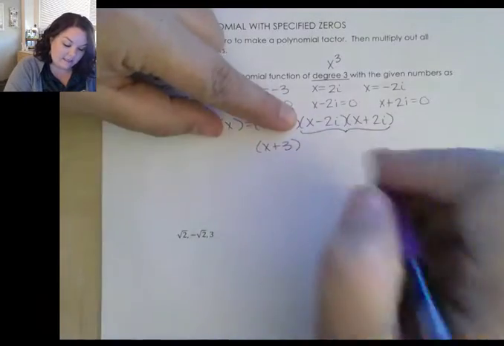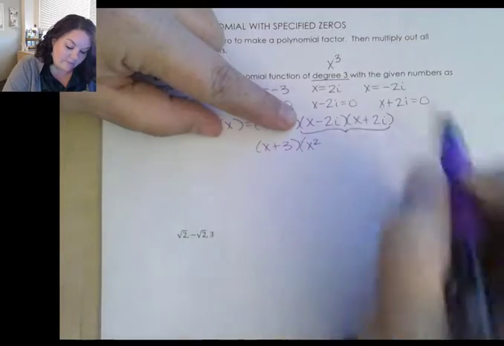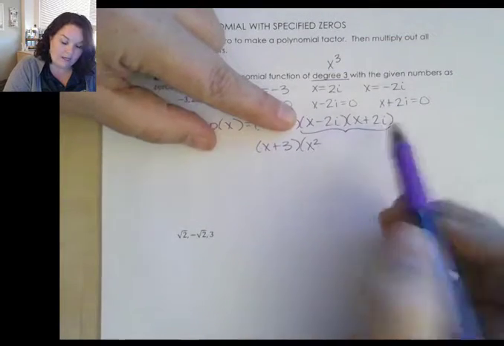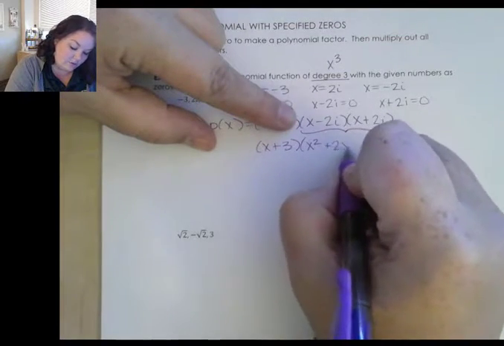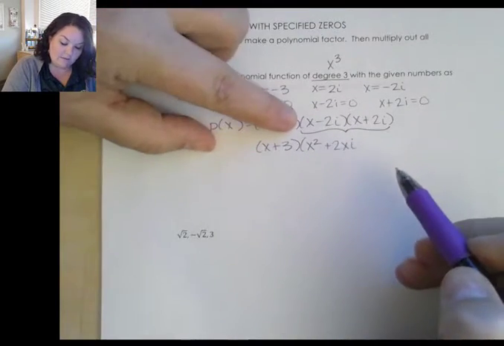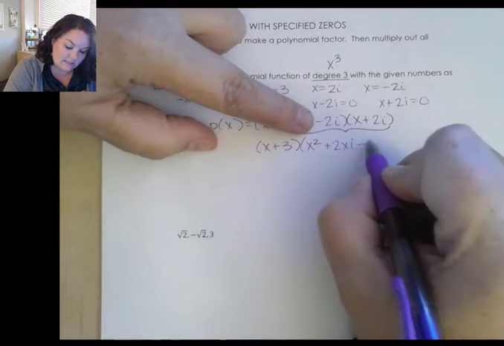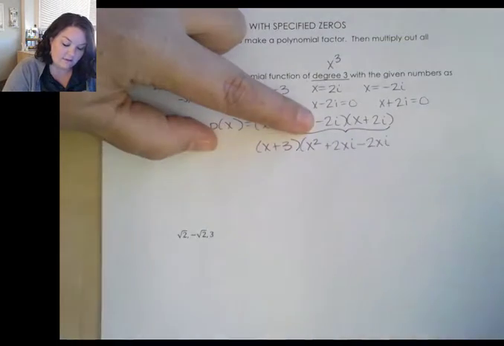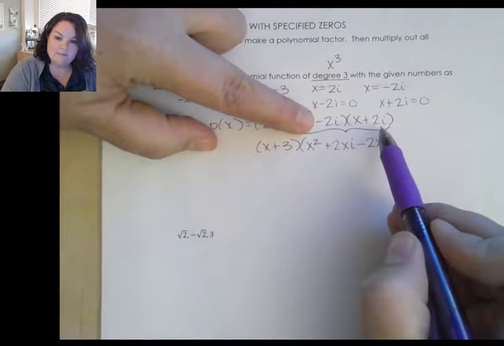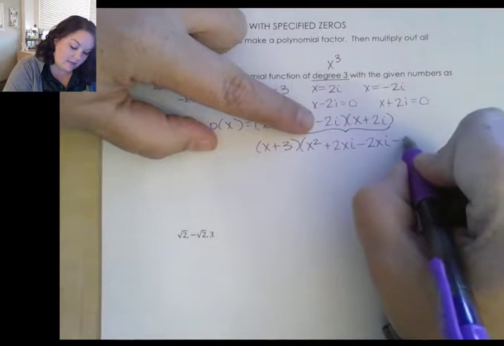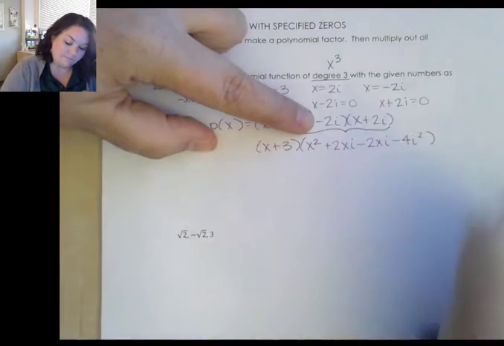So x times x gives me an x squared. X times 2i gives me a positive 2xi. Then I move on to distributing my negative 2i. Negative 2i times x is negative 2xi, and negative 2i times positive 2i is negative 4i squared.